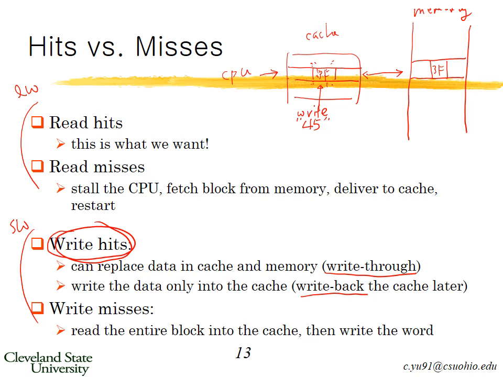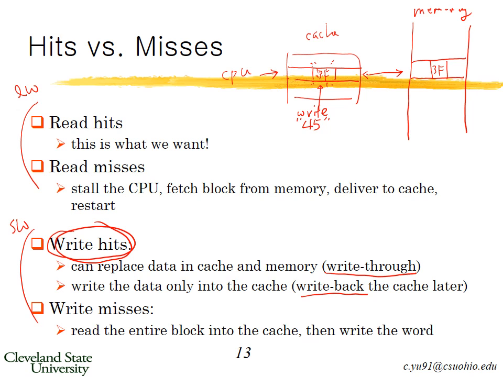The write hit means it is in the cache, which is good, but you want to replace the data 3F with the new value 45. Now you have two possibilities. You just keep the value 45 within the cache, or you change the value 45 inside the cache as well as in memory. So there is a write-through policy and a write-back policy.